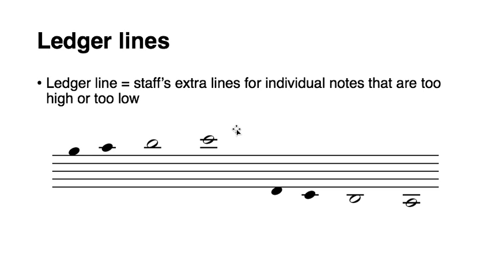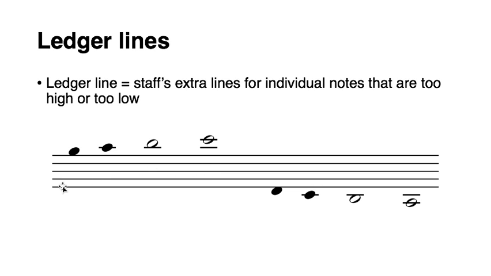So just to that one note that is too high or too low for the score. So the staff still has 5 parallel lines, but for that note that is too high or that note that is too low, you apply the necessary number of ledger lines above or below the staff so that you expand the possibilities of the numbers of notes that a staff can hold.